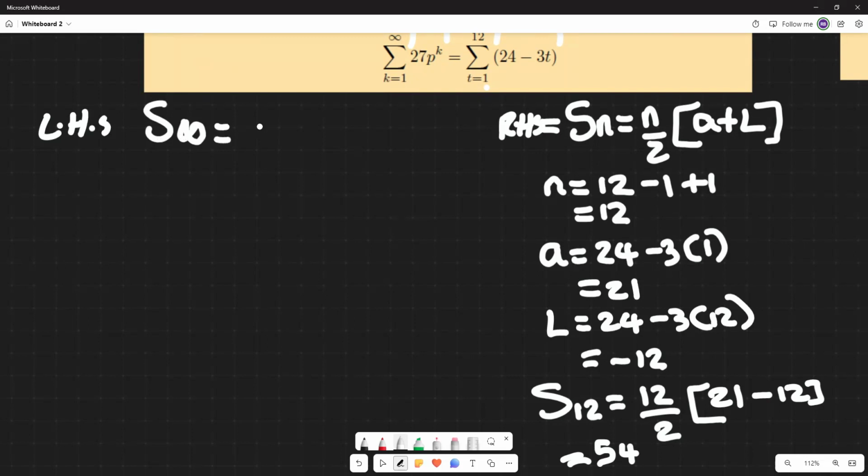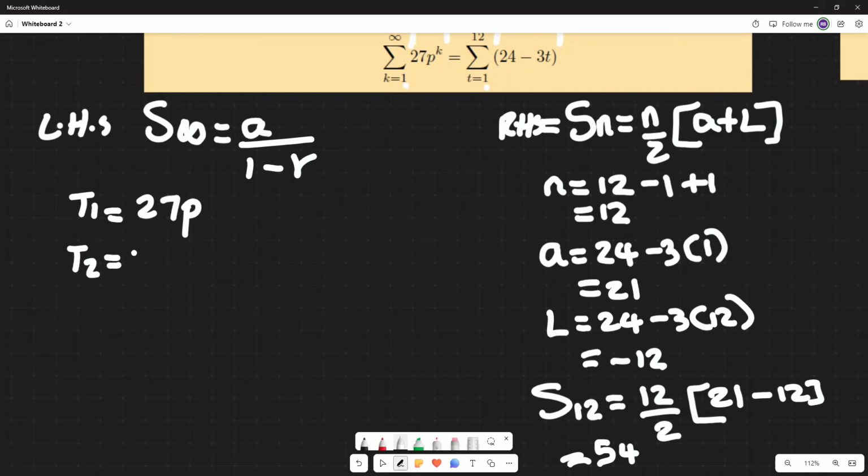Now let's see what the left-hand side gives us. The left-hand side is basically the sum to infinity of a geometric number pattern, a over 1 minus r. Let's quickly first get the first term and the second term, because we'll need to compute r. The first term will be 27p, remember you substitute, to the power 1, which is just that.